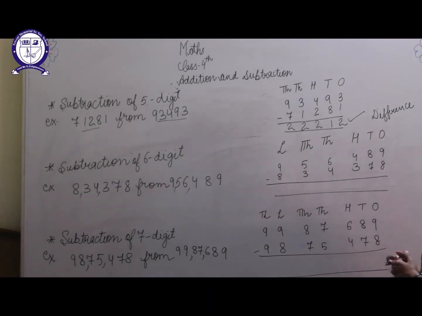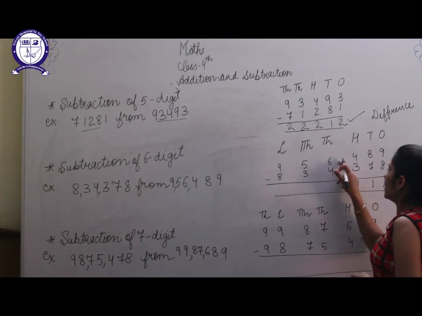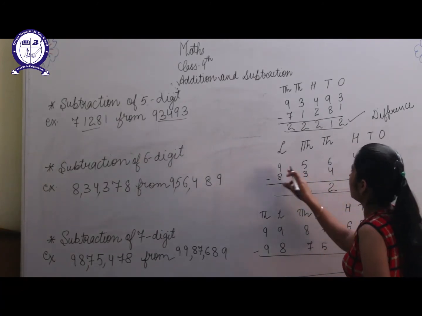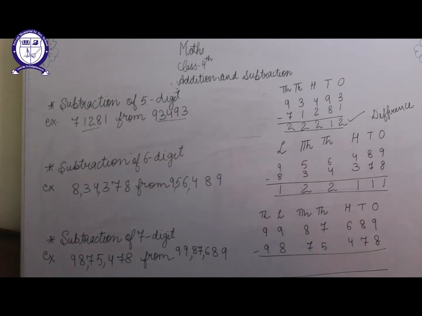We will start subtracting from the ones place. So 9 minus 8 gives us 1, 8 minus 7 gives us 1, 4 minus 3 gives us 1, 6 minus 4 gives us 2, 5 minus 3 gives us 2, 9 minus 8 gives us 1, students. So our answer will be 1,22,111. So this is our difference, students.